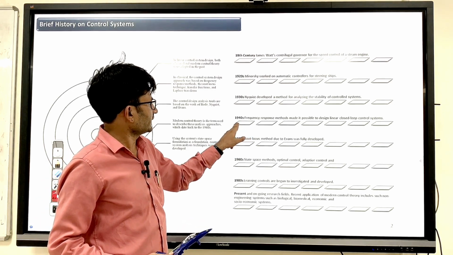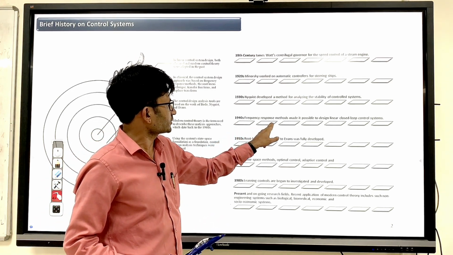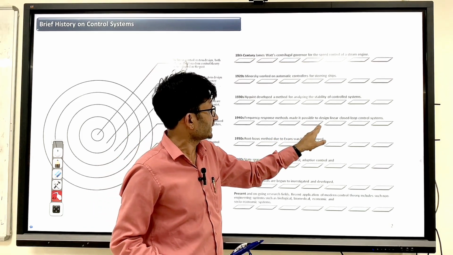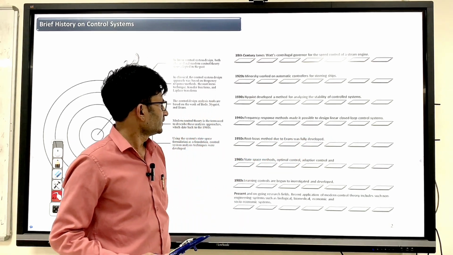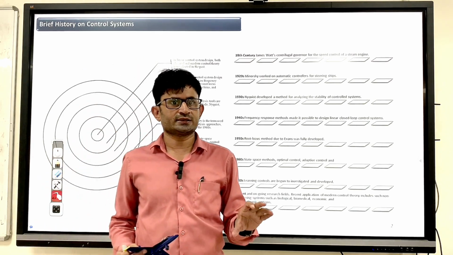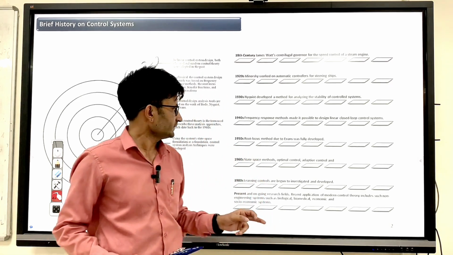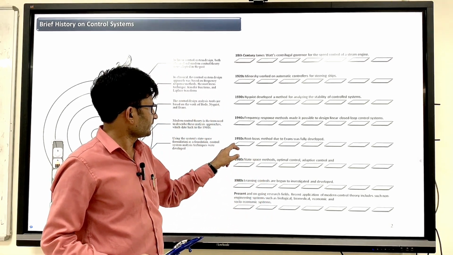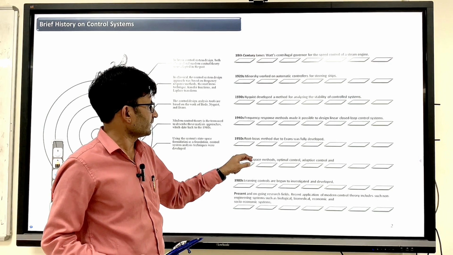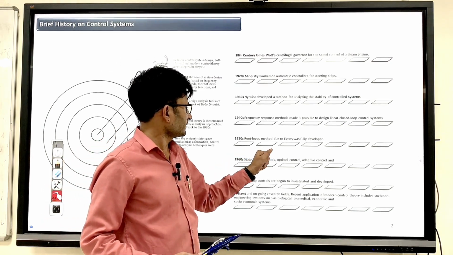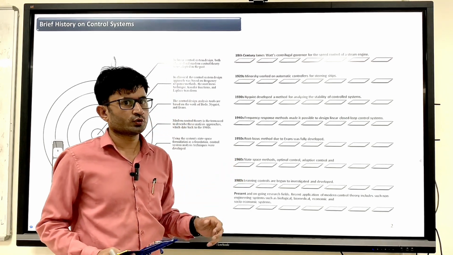Now, in 1940, the frequency response method made it possible to design the linear closed loop system. So you see, you can analyze the system in both frequency domain and time domain, right? And in 1950, the root locus method was developed by Evans, okay? And what is the root locus method?